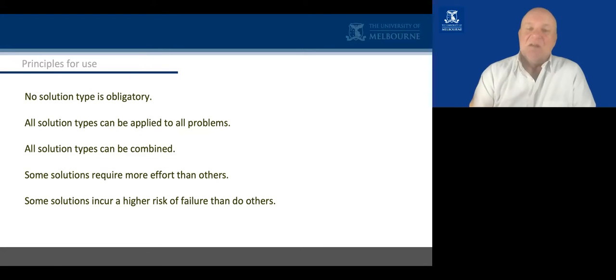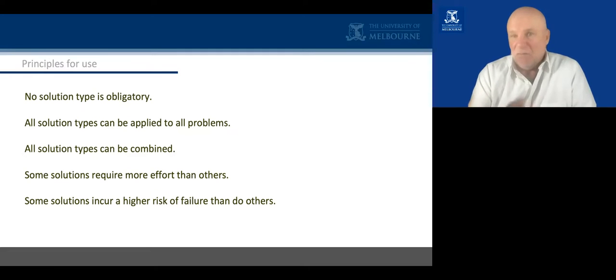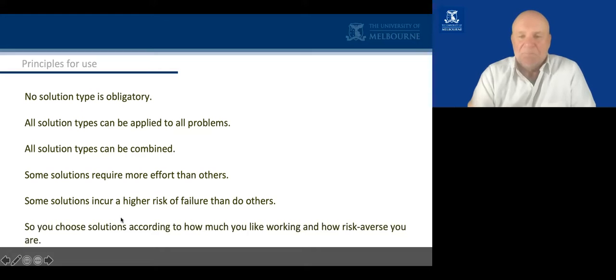Okay, so when deciding which solution to use, for me personally, I think that decision depends on how much effort you want to expend, whether or not it's worth it, and the risk of error, the risk of misleading the reader. Those are the two criteria. So it means that you choose your solution according to how much you like working, and how risk averse or risk taking you are.